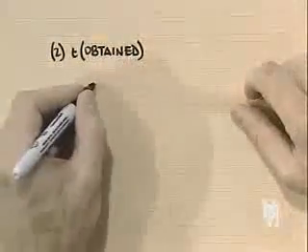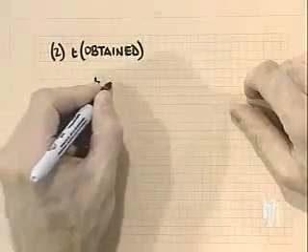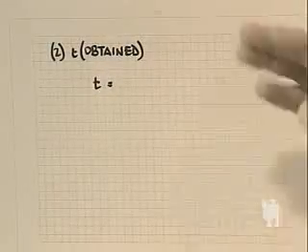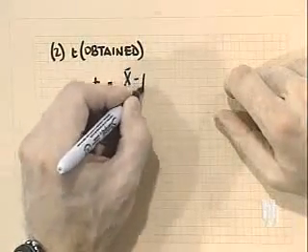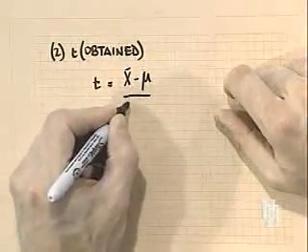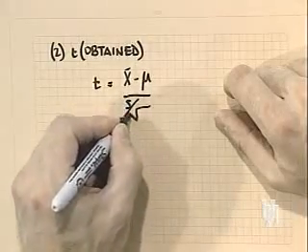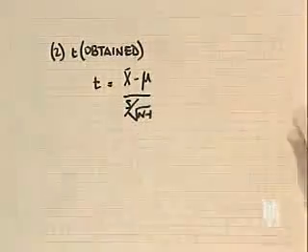And to do that, you rely upon the formula for z, and that is x bar minus mu divided by s over the square root of n minus 1.